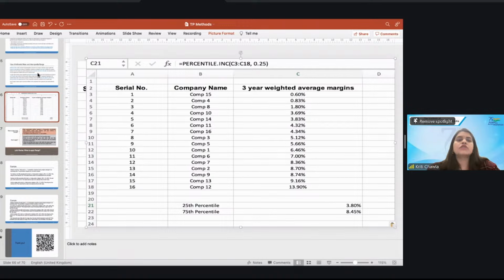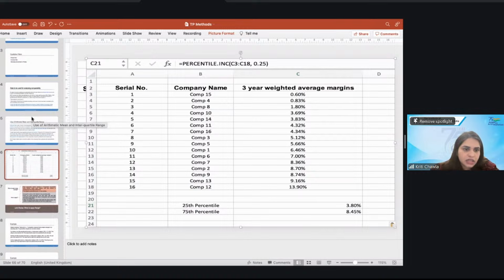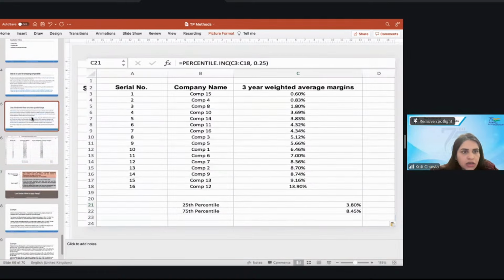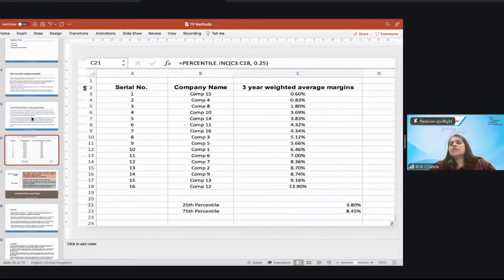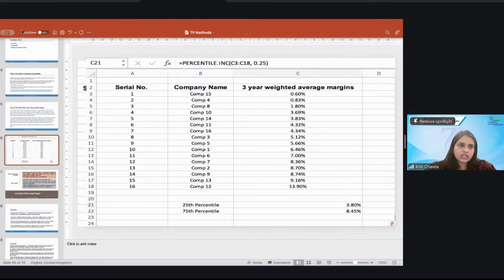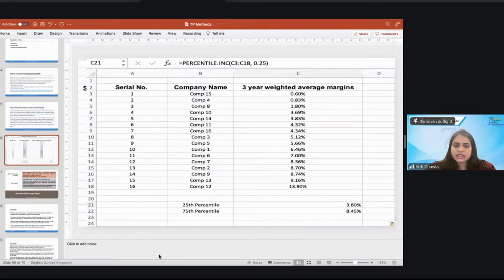Yes. Okay. So in terms of applying the range concept, we first arrange all the companies in ascending order.